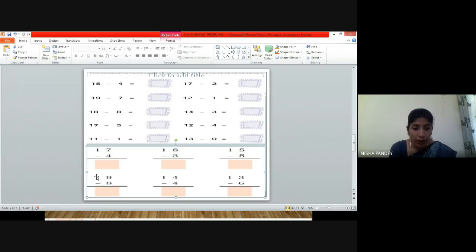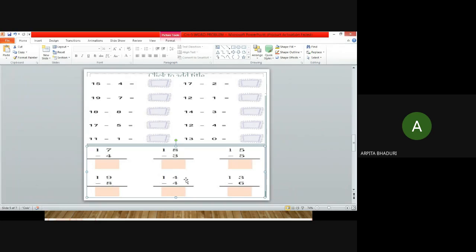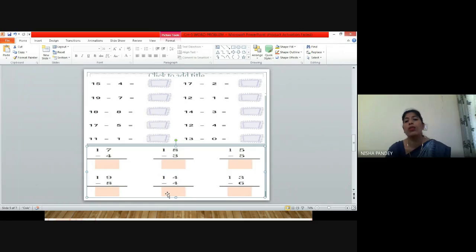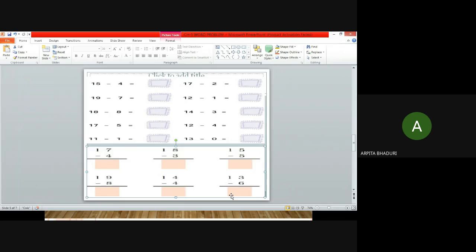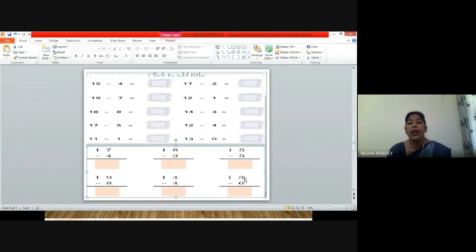And here 1 will come down. So it will be 11. Now you tell me this one. 14 minus 4. Ma'am, that is zero. And zero will come in ones place and one will come down in the tens place. So it will be 10.